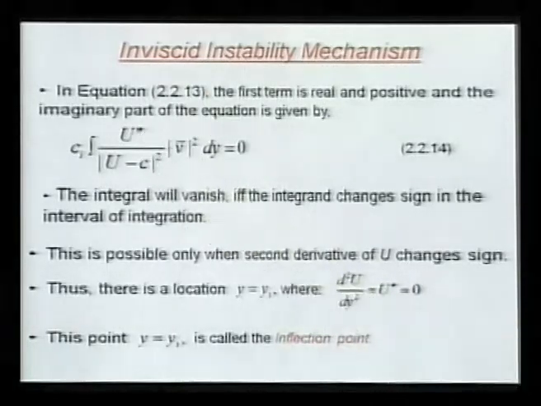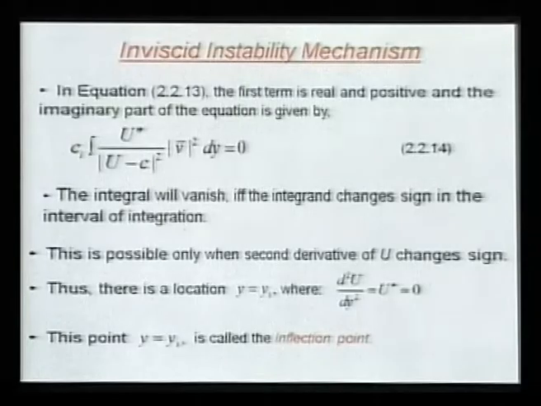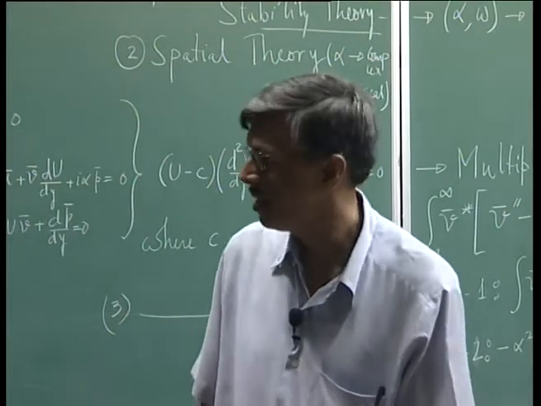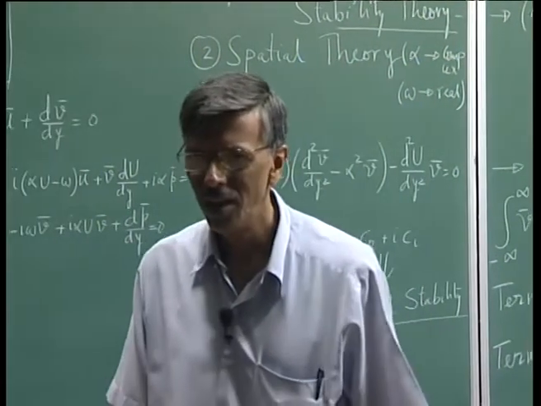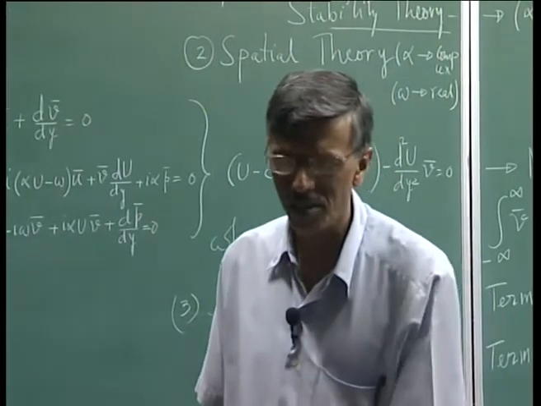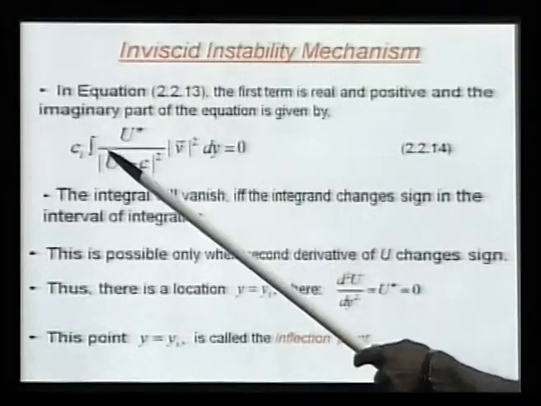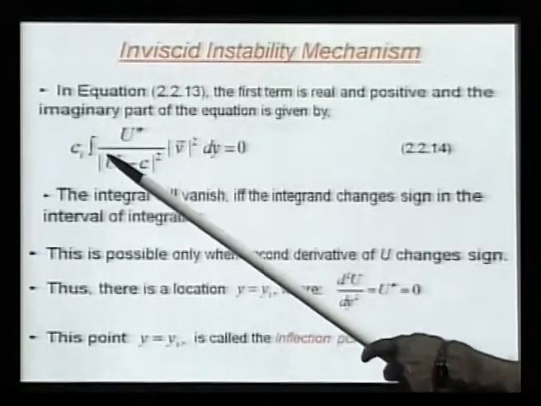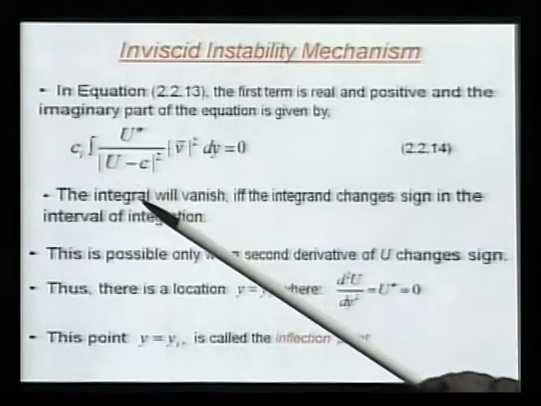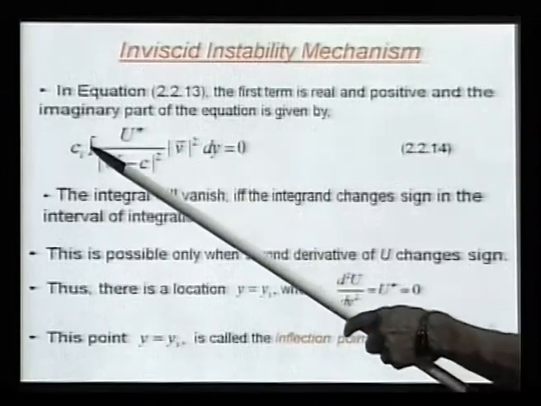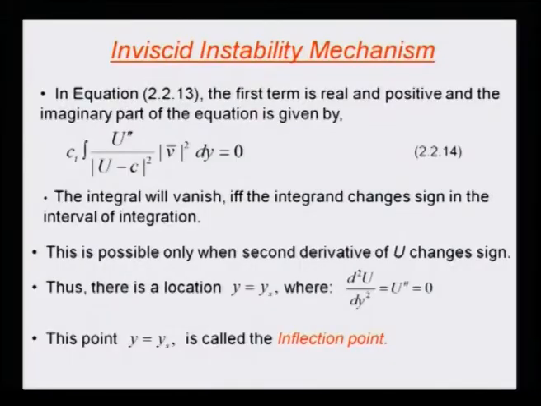How can that happen? That u double prime has to flip sign somewhere. The positive component will negate the negative component, that will yield you a non-trivial solution. So what it essentially says is that only when this integral is equal to 0, then your C i need not be 0. Whenever this integral does not yield a value of 0, then C i has to be equal to 0, right.